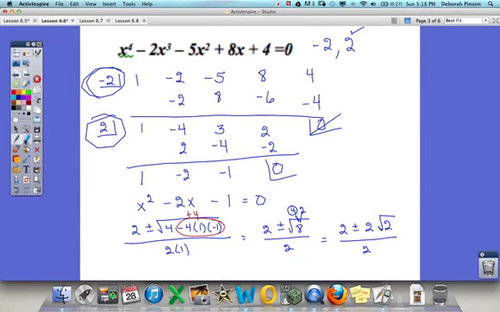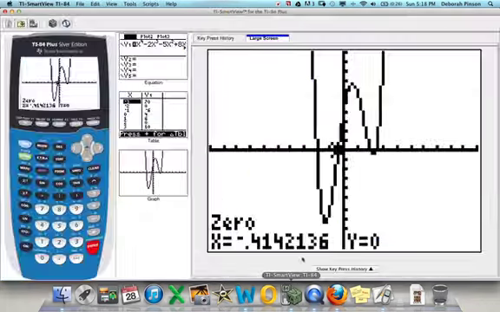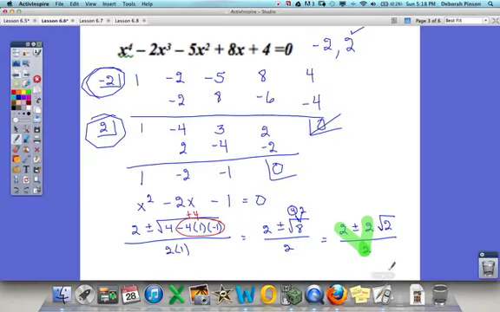I knew that was going to happen because of the calculator. The calculator had all 4 answers that I could see, which means they might be messy, like 1 plus or minus root 2, but they're not going to be imaginary.